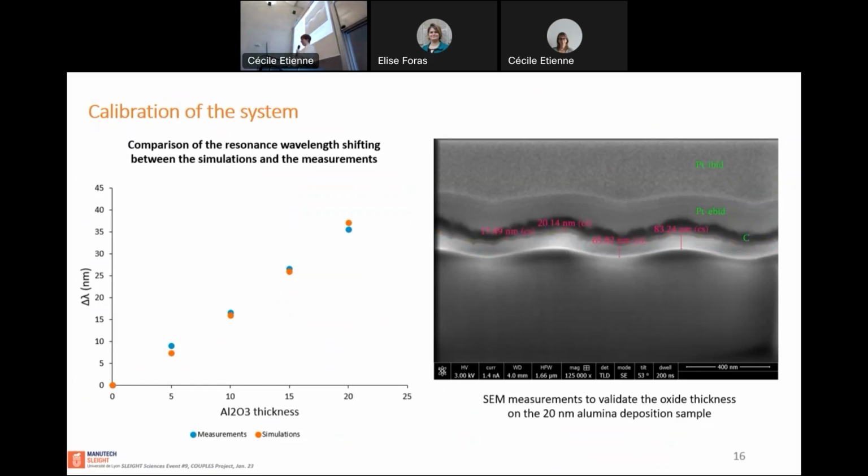And the thickness of the alumina layer here depends on the part of the grating. So we can have 17.49 nanometers or 20.14 nanometers. So yes, we are around 20 nanometers, which can explain the difference between the simulation and the measurements.